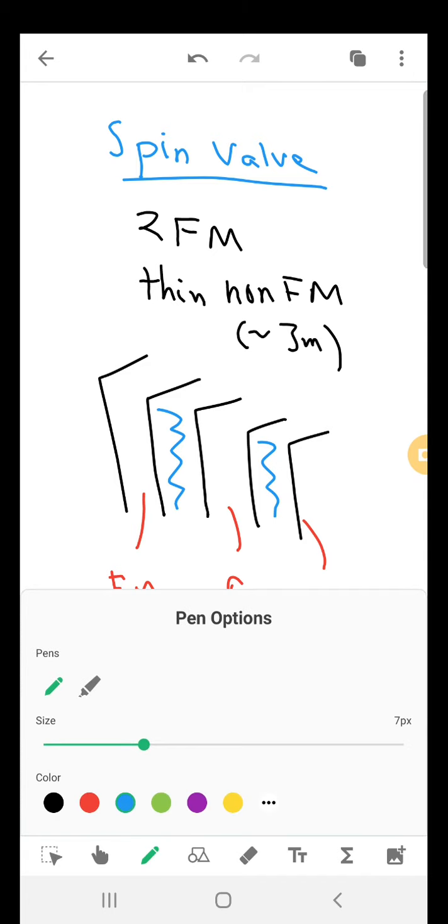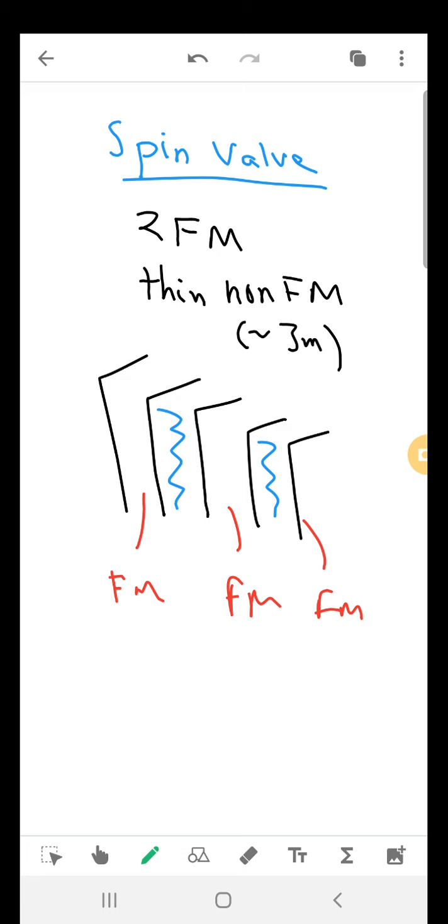Now if the coercive field of the two ferromagnets are different, then it is possible to switch them independently. So it can act as a switch. Therefore, the parallel and anti-parallel alignment can be achieved.